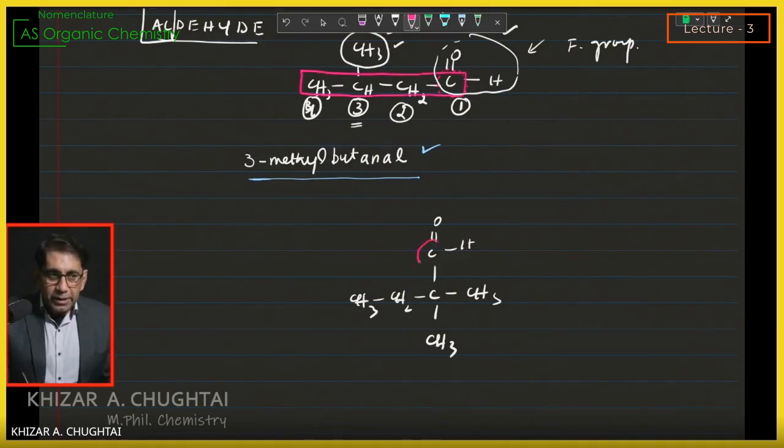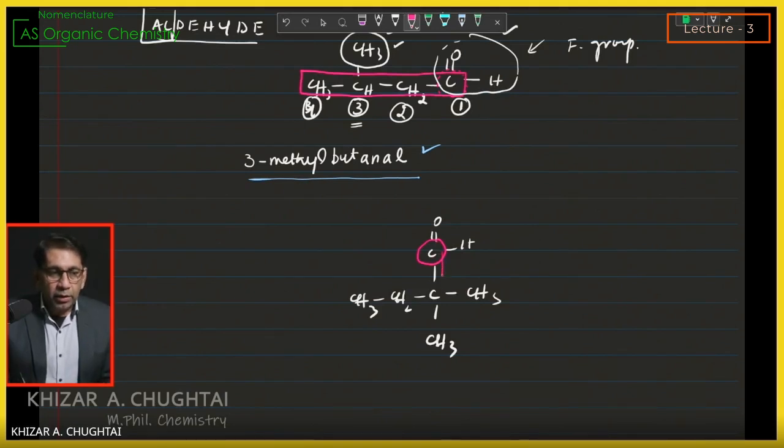This carbon must be part of the longest chain because it is the carbon of the functional group. So, what is the total number of carbons in this chain, in this compound? Let me know.